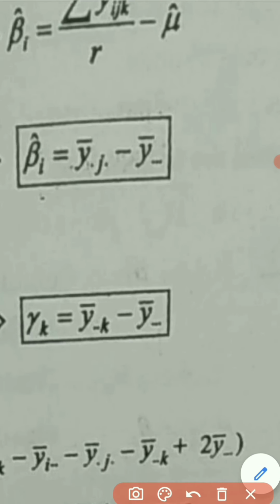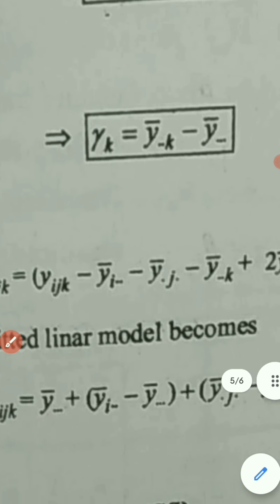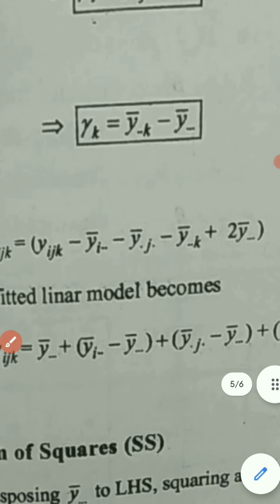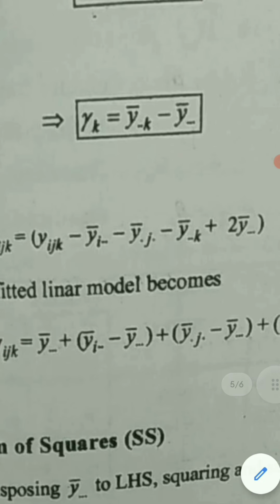So here, students, after getting all these values, you will be writing all those values for epsilon ijk. Epsilon ijk, you got all these values here. Then, students, how did you get this? Just see here, epsilon ijk value.